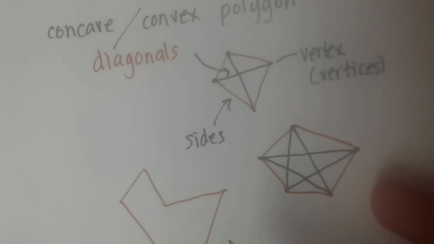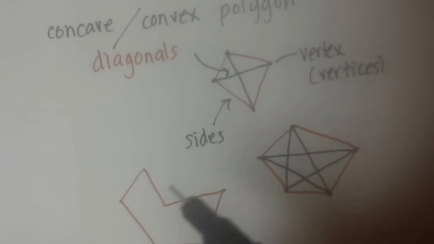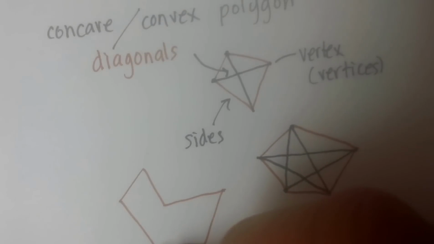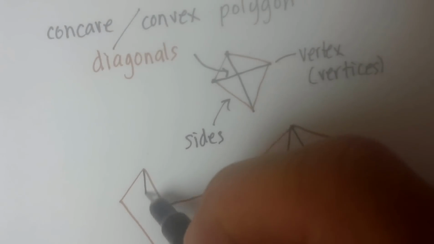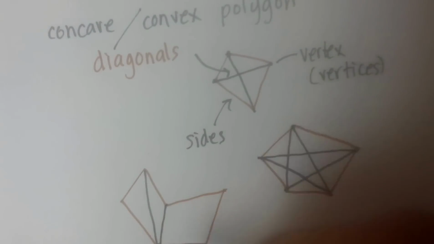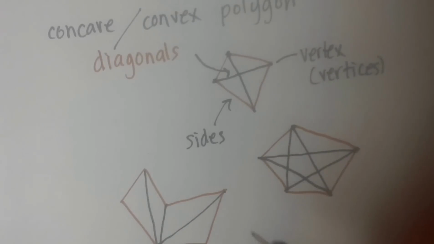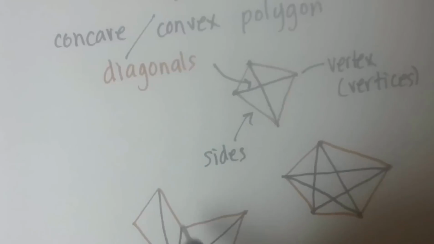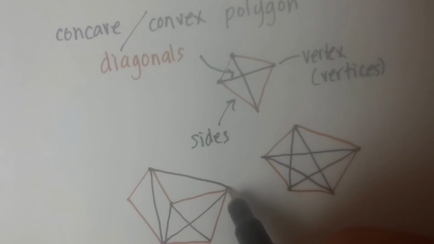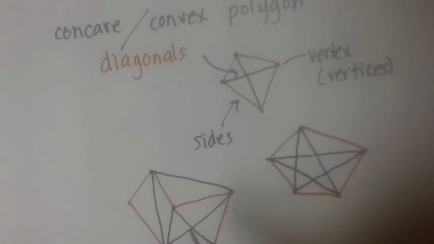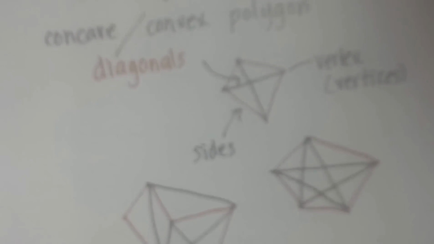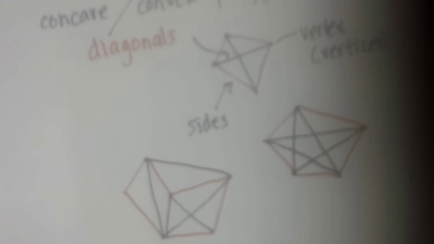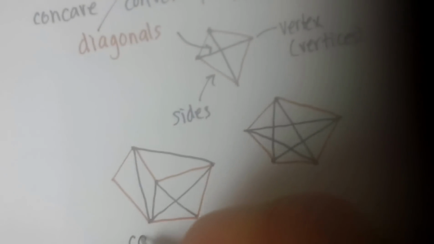But can you draw a diagonal that lies outside the polygon? Certainly. For example, I could draw from here to here. That's inside. That's inside. That's inside. That's inside. But look at this one. Outside the polygon. Then this becomes a concave polygon.